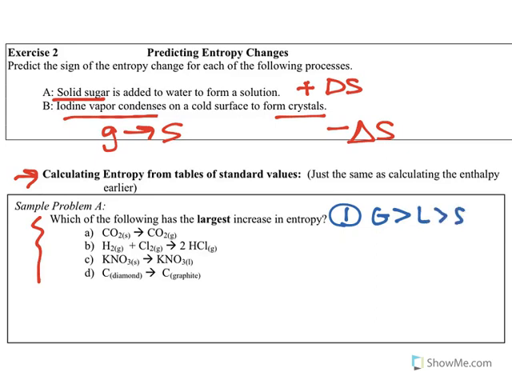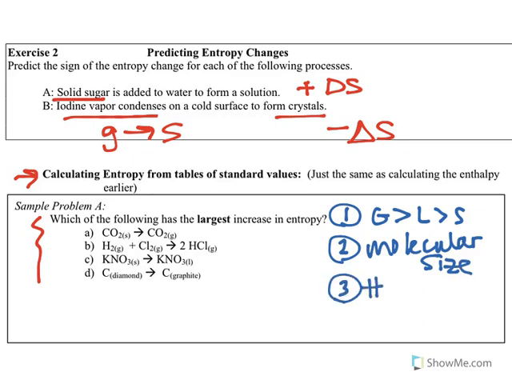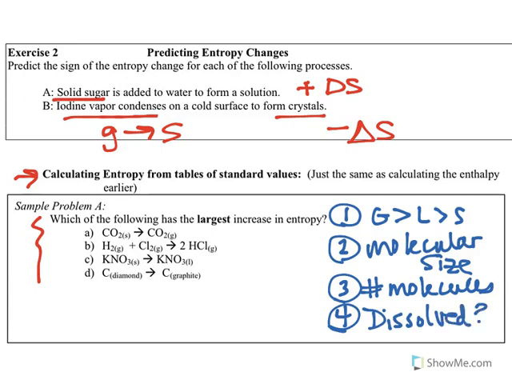That's probably the most important factor. 2, we can think about the molecular size. 3, we can think about the number of molecules. 4, we can think about, is it dissolved or not? And then 5, we can think about, is temperature playing a role there?